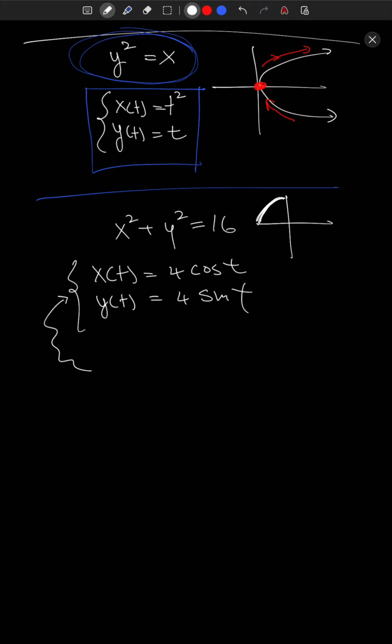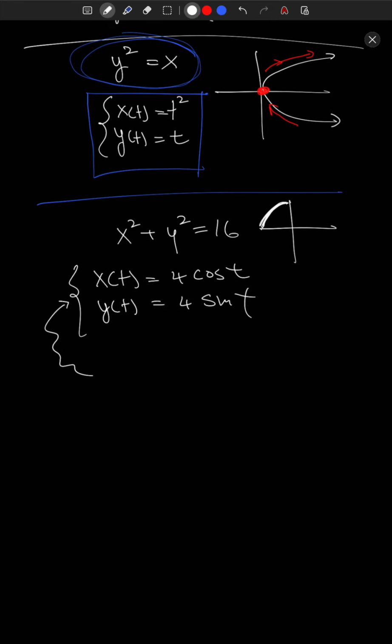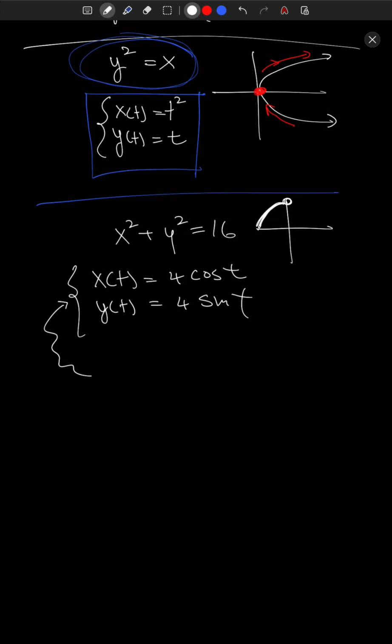The way to do that is to give restrictions on what t I'm allowed to work with. I know that this point right there, since my radius is 4, is 0, 4. When am I at 0, 4? That's at t equals pi over 2.